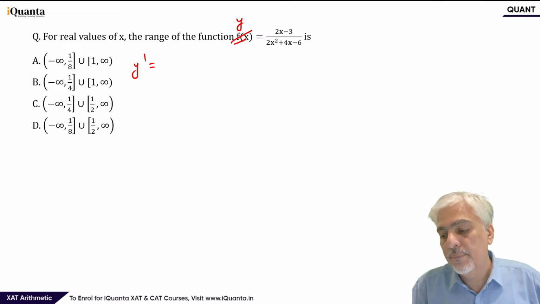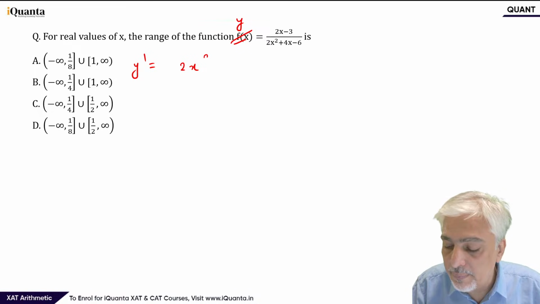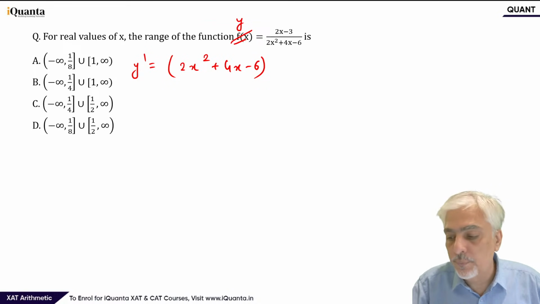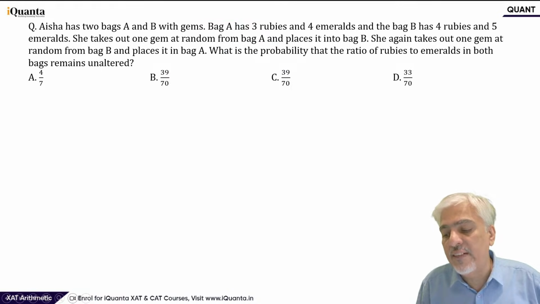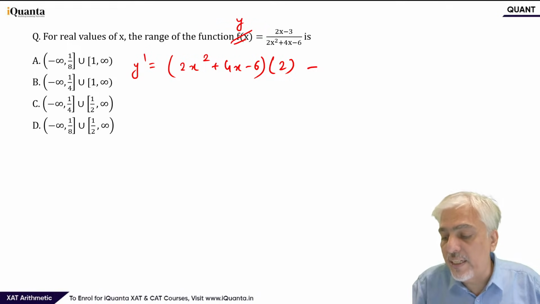Okay. So this I will get as 2x square plus 4x minus 6 into 2. Derivative लिया v into derivative of u minus u into derivative of v.